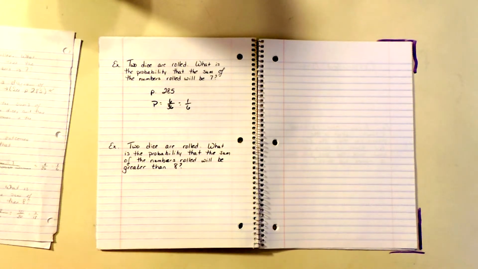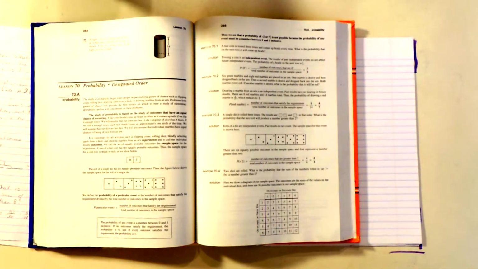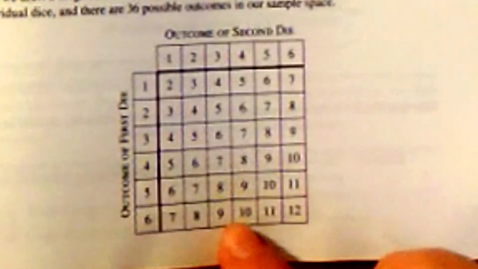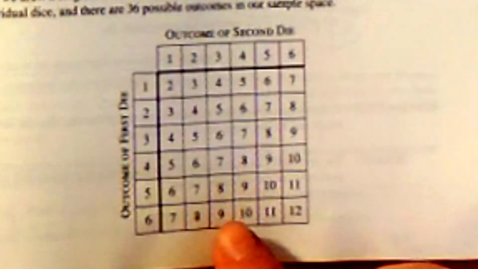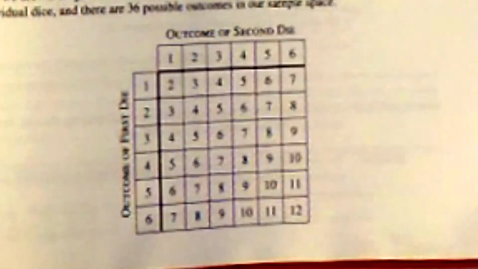Okay, the next question is: 2 dice are rolled, what is the probability that the sum of the numbers rolled will be greater than 8? So we pull out our chart on page 285 again. Here are the numbers that add up to greater than 8, and if we count them, there are 1, 2, 3, 4, 5, 6, 7, 8, 9, 10.